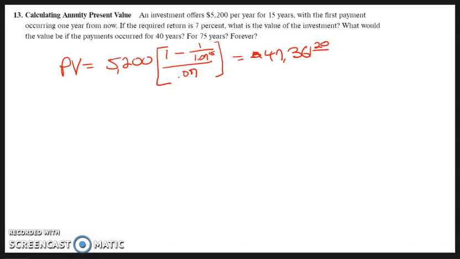A lot of times you'll see the formula where the 0.07 is over here. Either way is acceptable and solves the problem correctly.